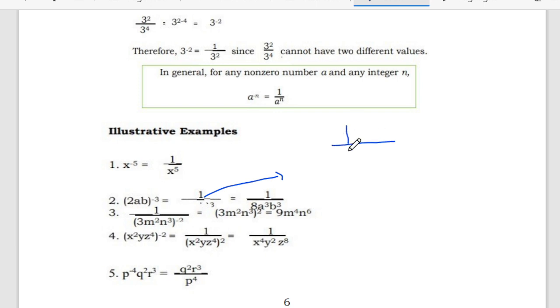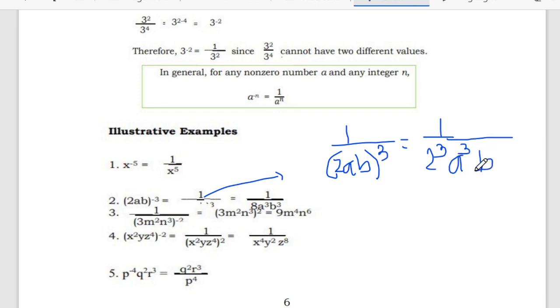1 over the quantity 2a b raised to positive 3, which, applying the law of positive integers, will become 1 over 2 raised to 3, and then a raised to 3 and b raised to 3.